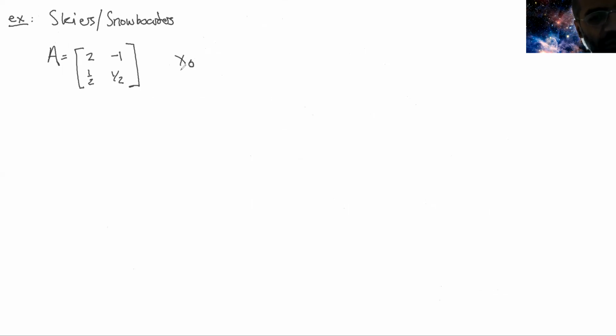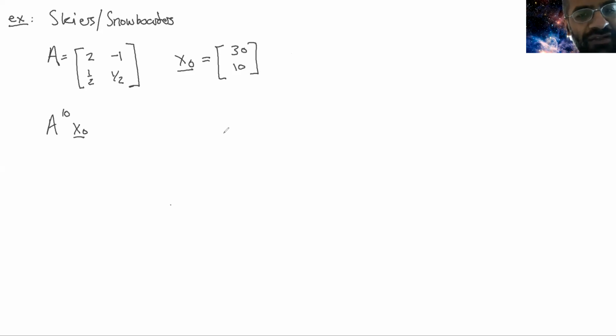There was a vector x naught, which was literally the vector (30, 10). This was some initial population of snowboarders and skiers. We were interested in computing some high power of A applied to x naught. It looked like we had to do a lot of arithmetic. I believe the power was just 10.